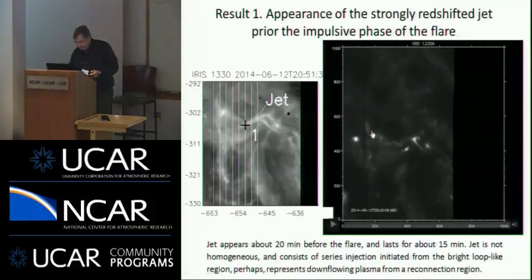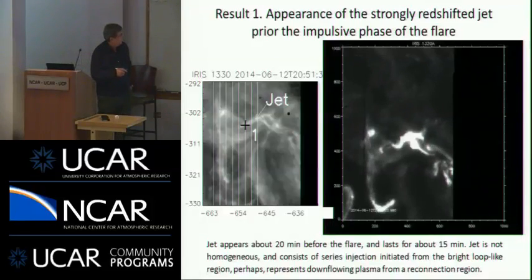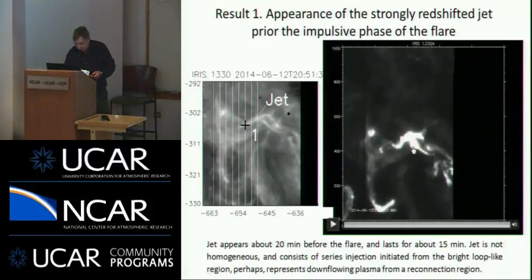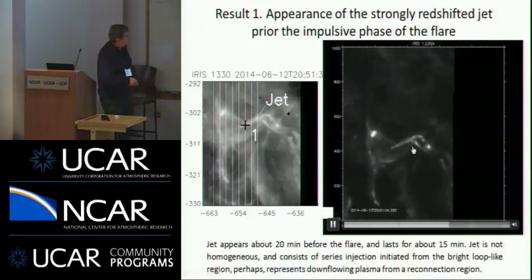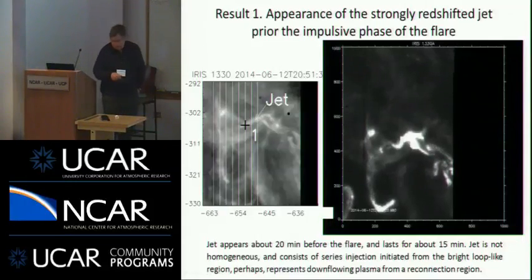So this is a movie of the flare in the carbon-2 line. And if you look carefully at this movie, you can notice that there was a jet coming from here before the flare. There was interesting dynamics.